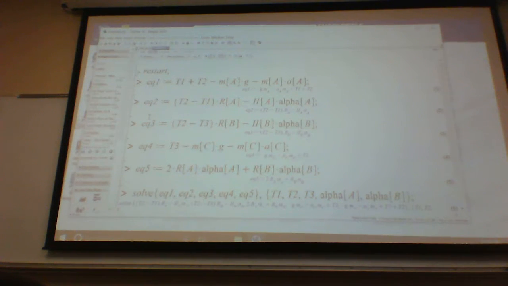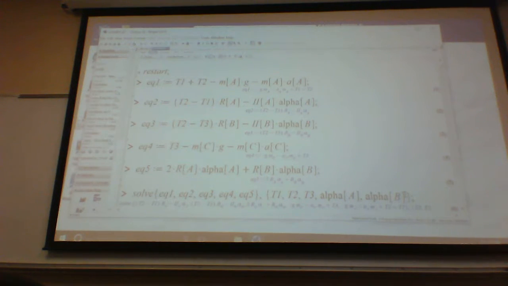Okay, so we need T1, T2, T3. We have those 4 equations over here. Okay, so it's not able to solve this one. Let me go back.